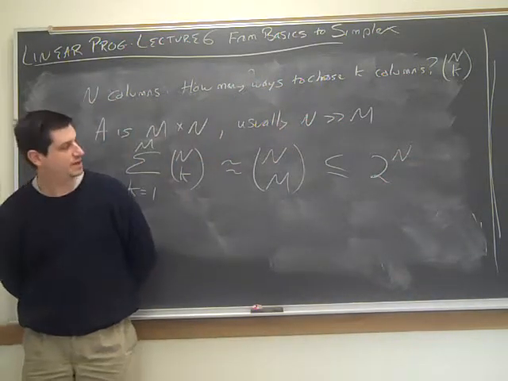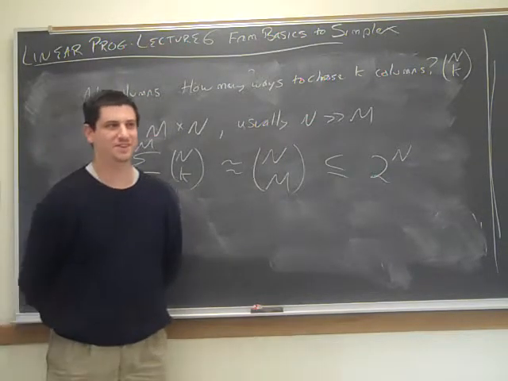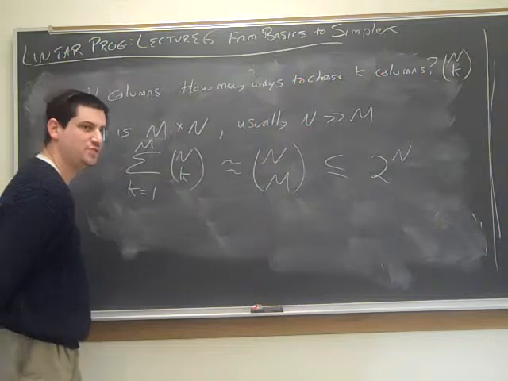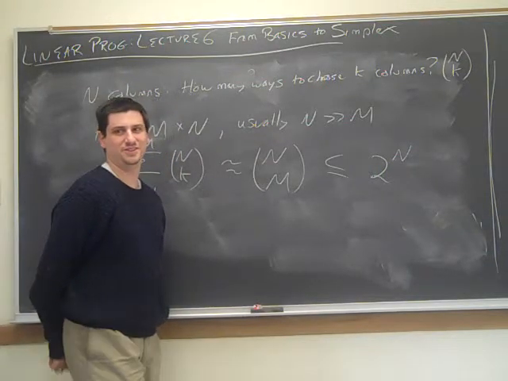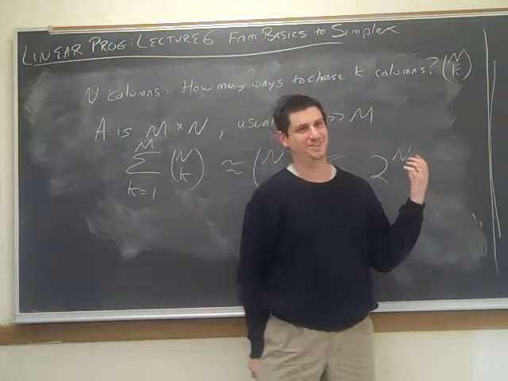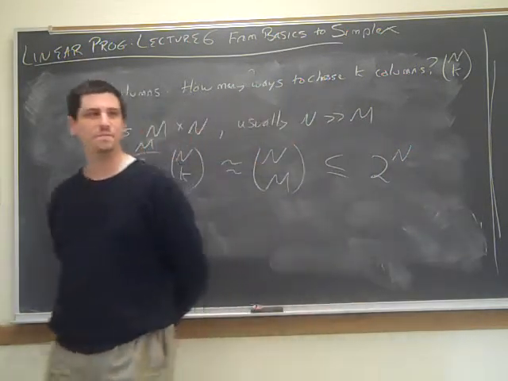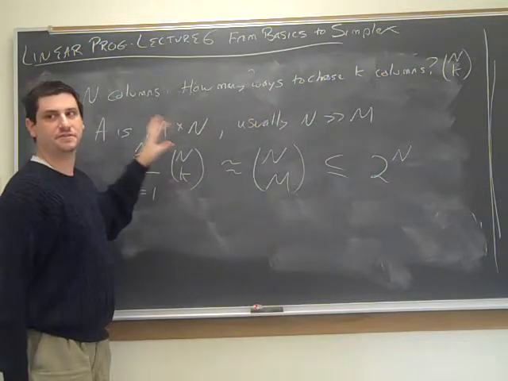Now when you think of n as something like 100,000, this is a large number. 2 to the 100,000 is greater than 10 to the 10,000. We are not going to be able to check 10 to the 10,000 things, but it's finite. Right. So our goal is to show that there are only finitely many basic feasible solutions.